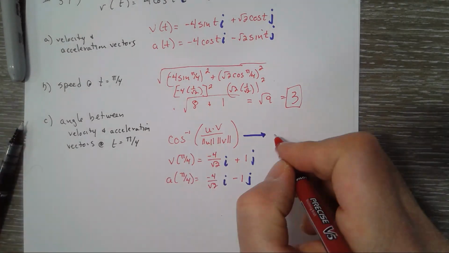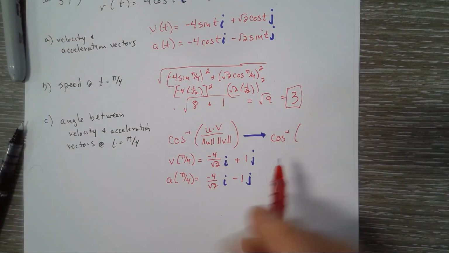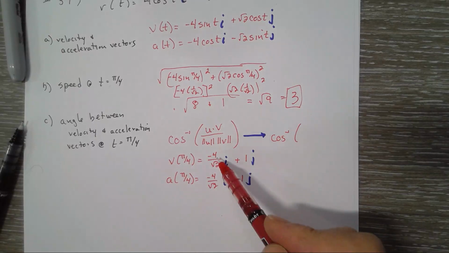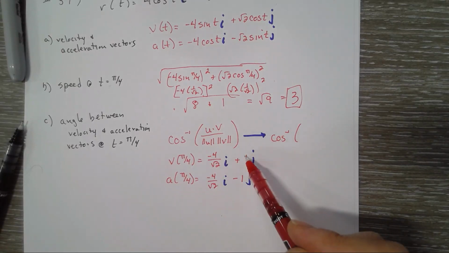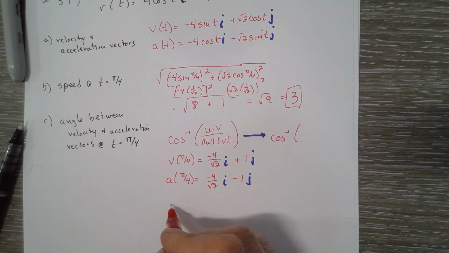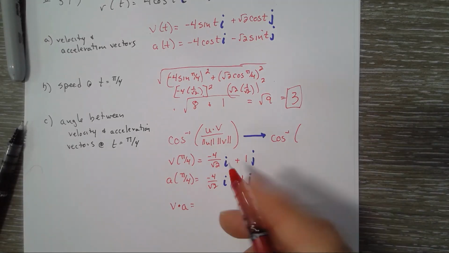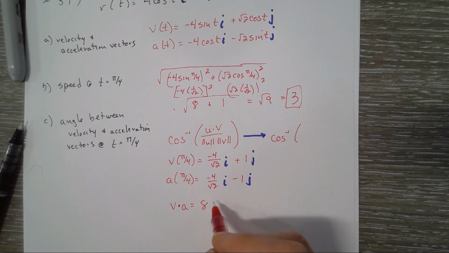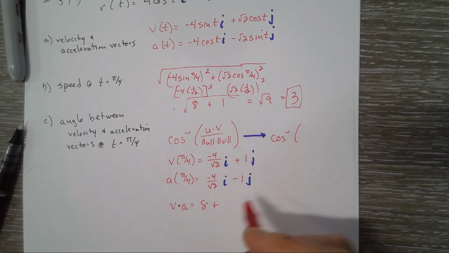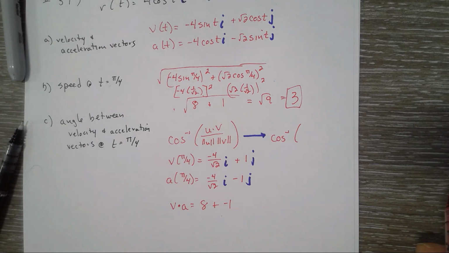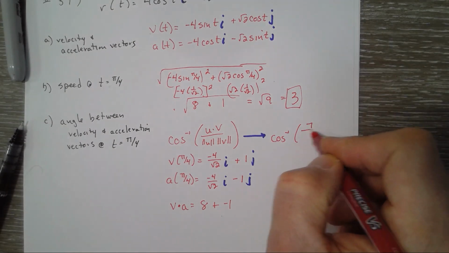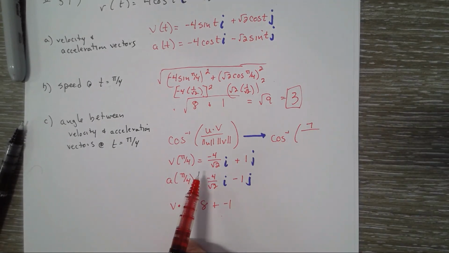It's the inverse cosine of u dot v, so this times this plus this times this. So let's do v dot a down here. This times this is 16 over 2, which is 8, plus this times this, which is negative 1. So we get 7 over u magnitude.